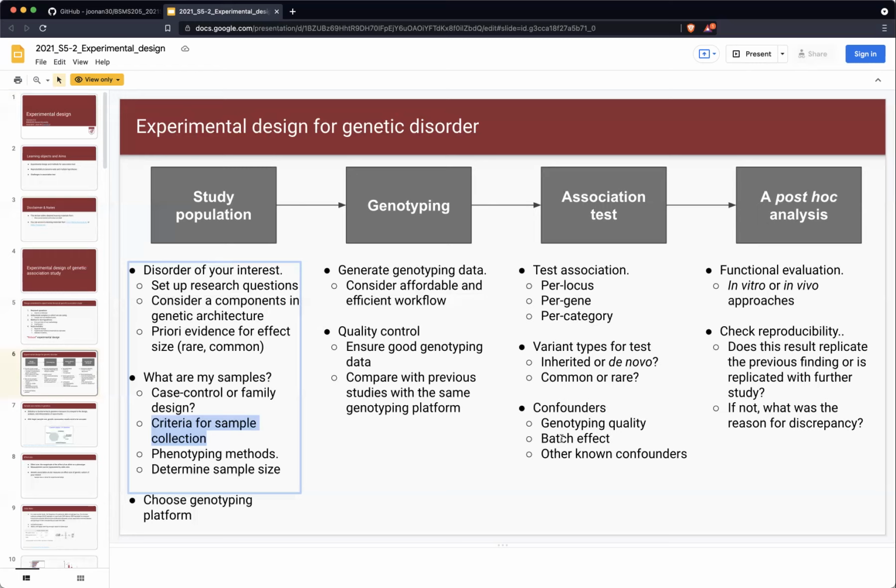You can put it into cells, so in vitro, or you can put it into animals, which is in vivo, right? So you do this sort of functional evaluation approach. Then you can also check the reproducibility: whether your result reproduces the previous findings or shows some differences.